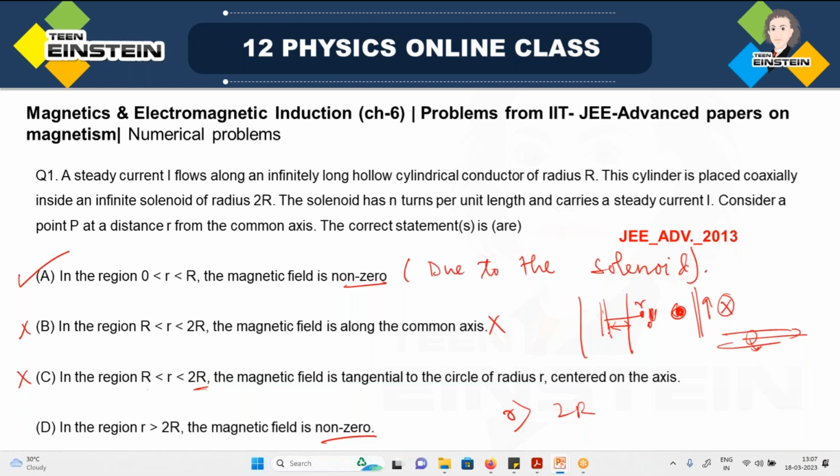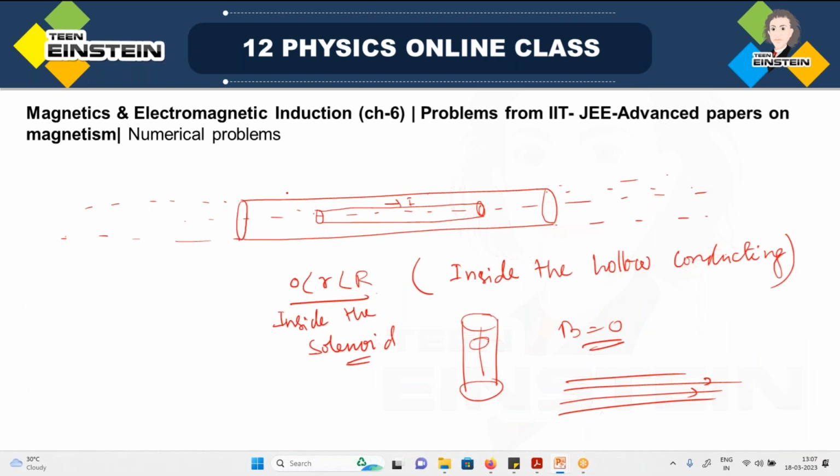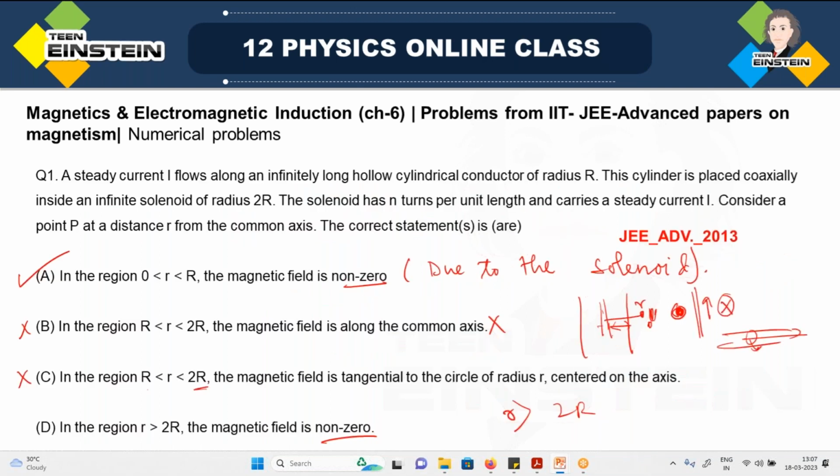Yes, because this infinite conductor can create a magnetic field which can be there even beyond the solenoid. So in this region also the magnetic field will be non-zero, and inside also it will be non-zero. These are the two correct options. I have discussed why and which one is correct. We'll go to the next problem.